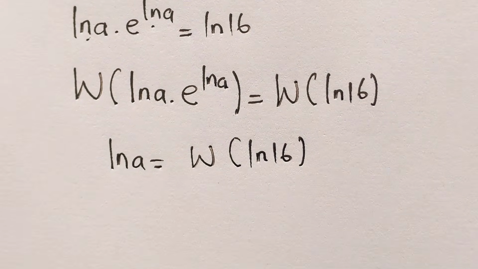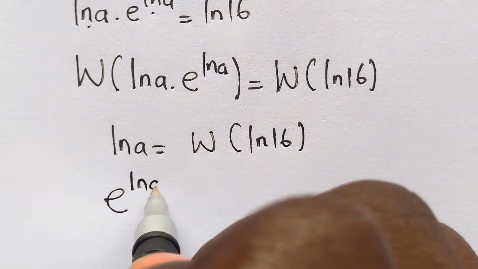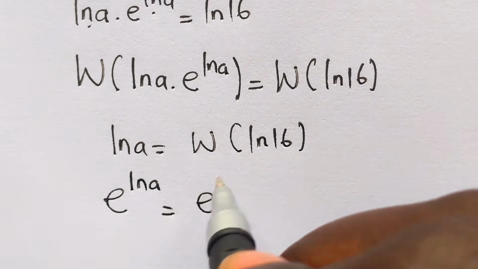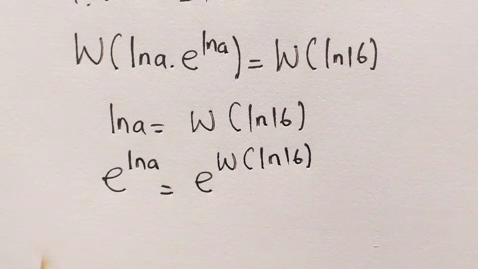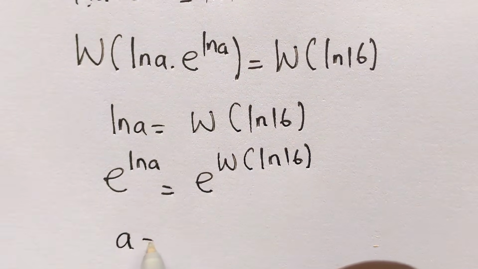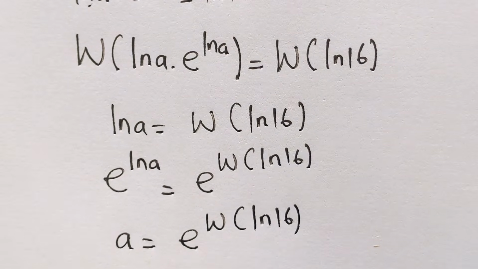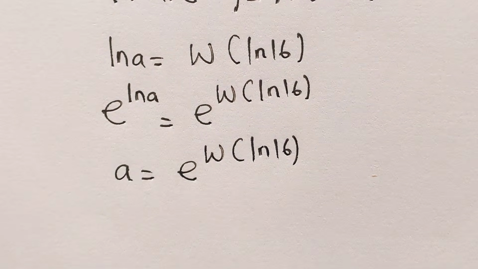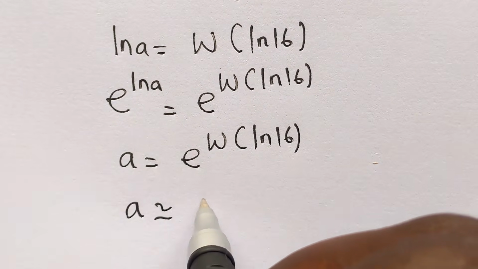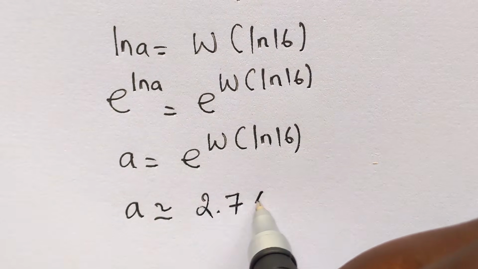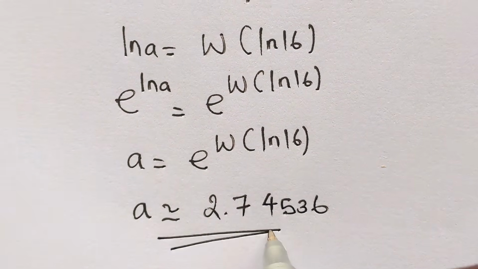Then at this stage, here we can apply e power ln a will be e power the Omega function of ln 16. E power ln a, of course, this is a, which is equal to e power the Omega function of ln 16, right? Of course, here at this stage, a is approximately equal to 2.75436 as the final answer.